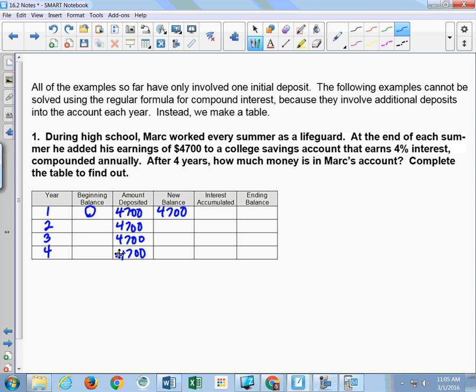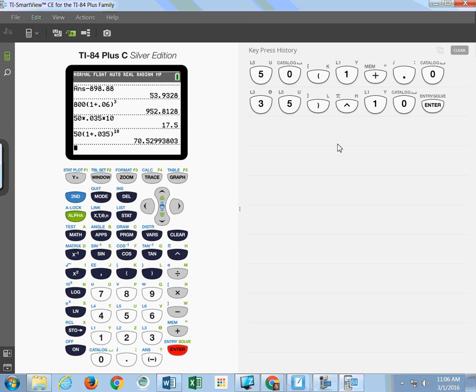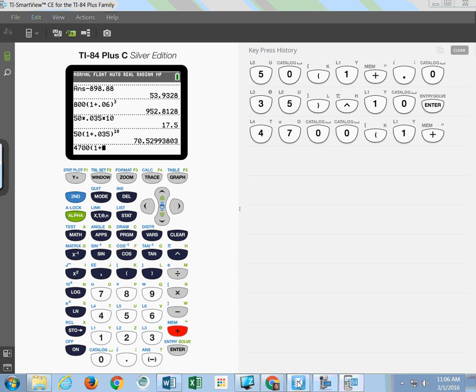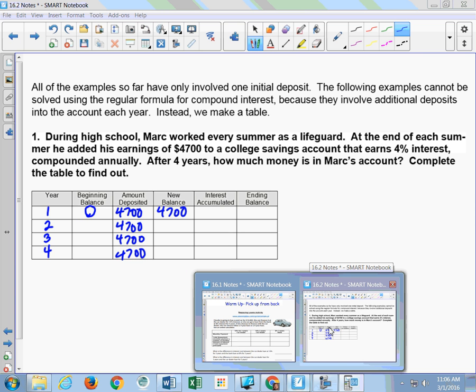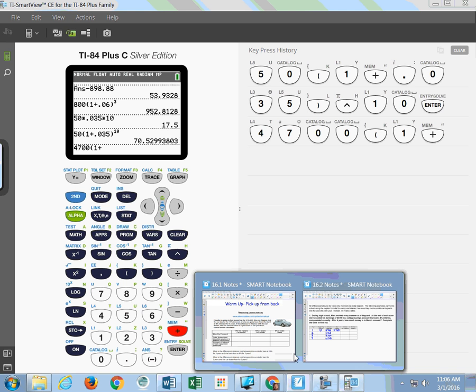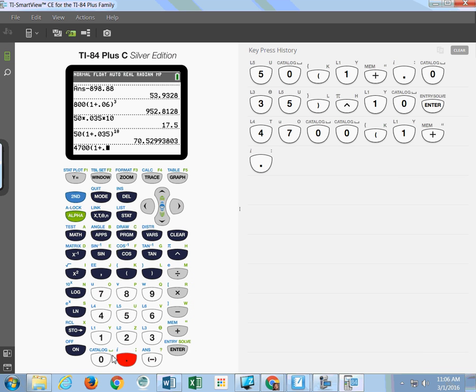Alright, so what we have to do now is put that $4,700 into the compound formula. So we take our 4,700 times parentheses 1 plus the rate at 4%, so 1 plus 0.04, close parentheses. We're just doing it for 1 year at a time, so there's no need to do anything else.